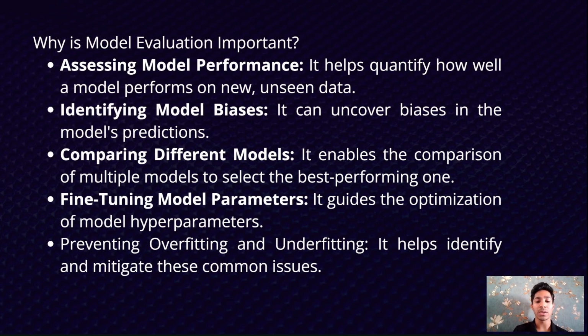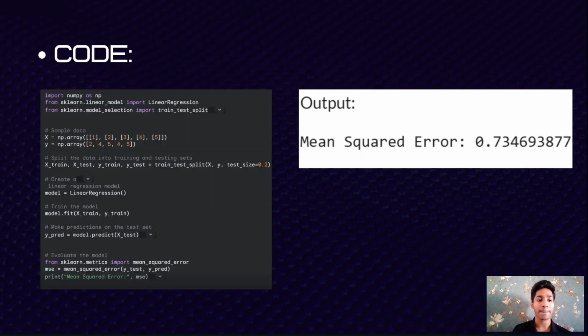Model evaluation enables the comparison of multiple models to select the best performing one. Fourth, fine-tuning model parameters. It guides the optimization of model hyperparameters. And last, preventing overfitting and underfitting. It helps us identify and mitigate these common issues.